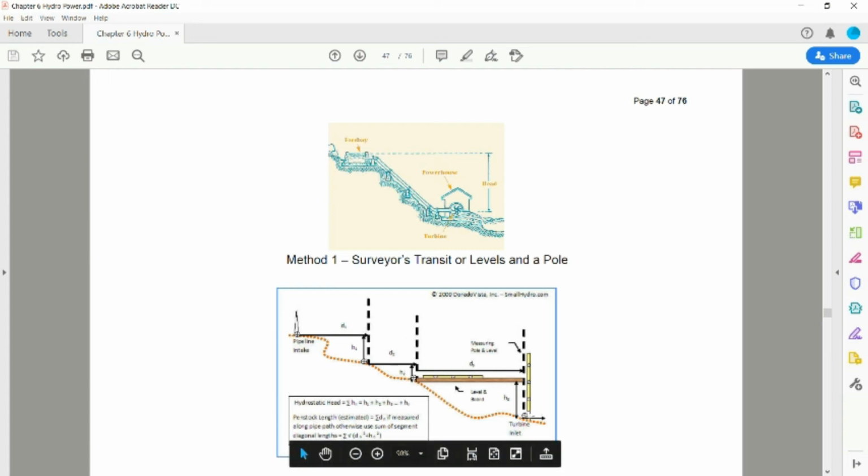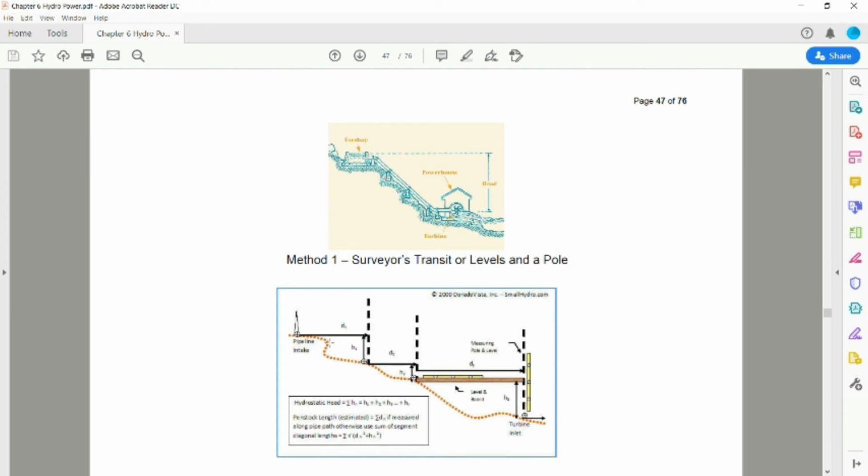So you have one pole here, another pole here. This is the surveyor level or surveyor transit, and then you get the height and the distance here. And then you put another pole here and here, and then you measure the level and the height.